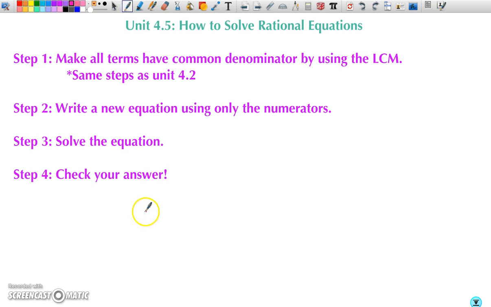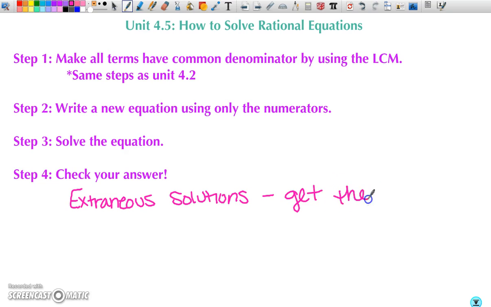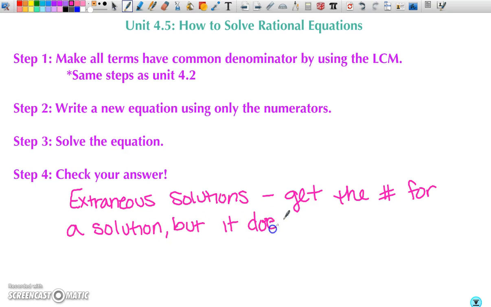The reason that we want to check the answer is because we have what are called extraneous solutions. And what that means is that you get a number for a solution, but it doesn't actually work in the equation.